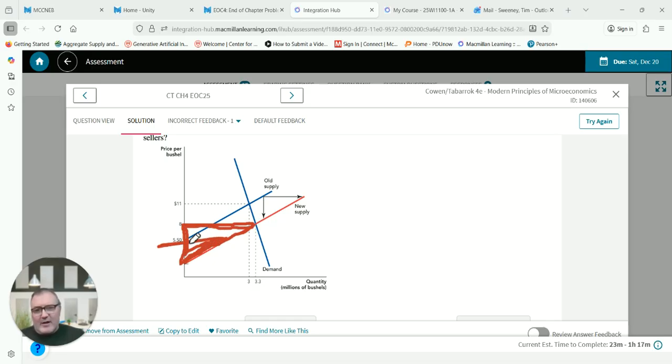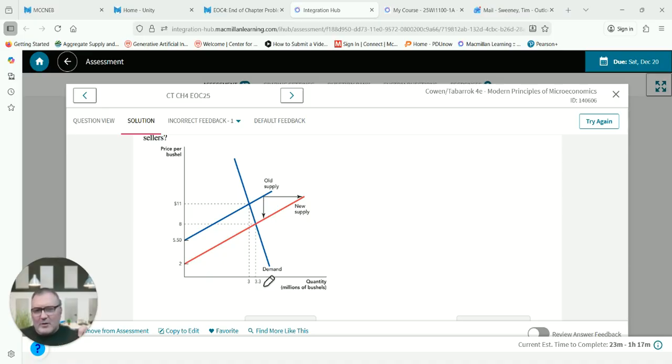So it's this triangle now. So now we've got 6 times 3.3, which equals 19.8, divided by 2, which equals 9.9.